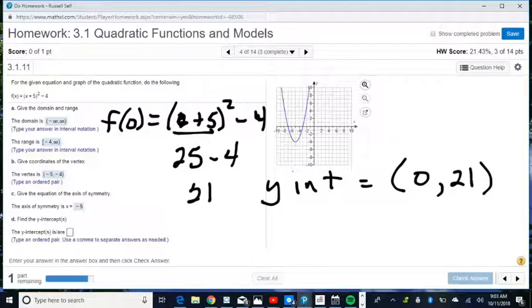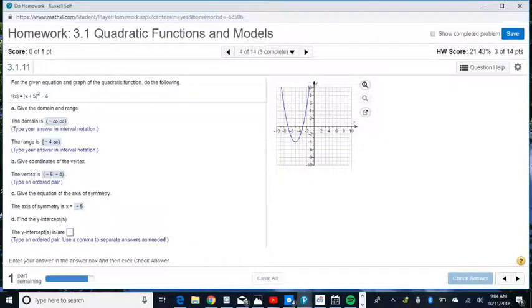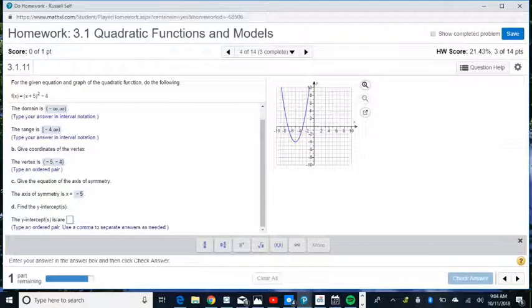So it's the point (0, 21). So even though you can't see it on the graph, eventually that thing would cross the y-axis. So let's type that in. Remember, it's an ordered pair, so that means parentheses always. Okay, so parentheses 0, comma 21.